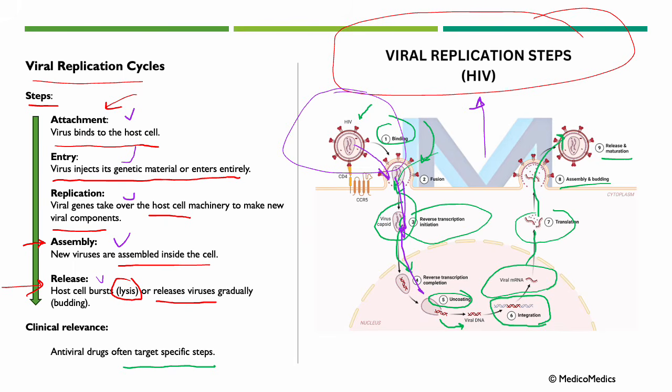Then that material will go through replication and essentially take over the host cell. Following from that, it will start producing whatever it is encoded or programmed to produce. And then it will start leaving the cell to go spread, causing damage.